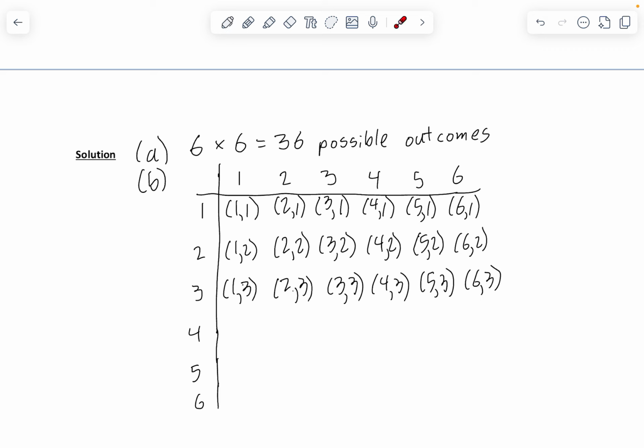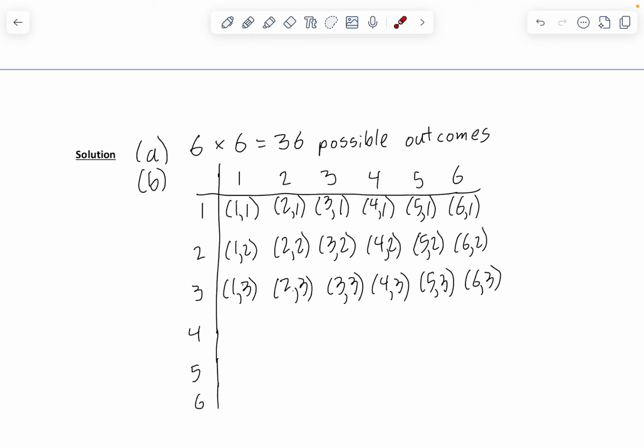So you get the idea. I'm just pairing each value here with the corresponding number down here, right? So if I chose one outcome here, go vertically up to the top, this represents the first number in the ordered pair. Come over here, that's the second number in the ordered pair. If I were to fill out the remaining 3 rows with the same format, notice that each row has 1, 2, 3, 4, 5, 6 outcomes, and there are 6 rows, right?